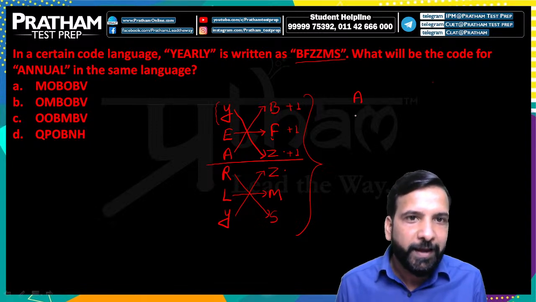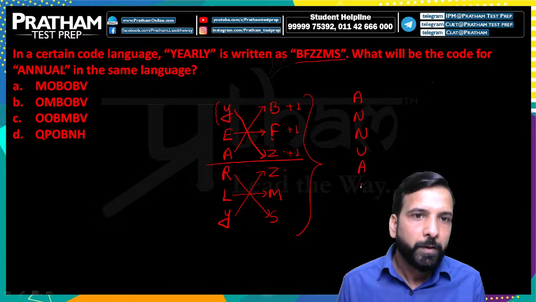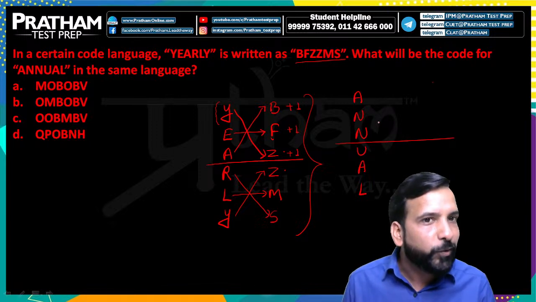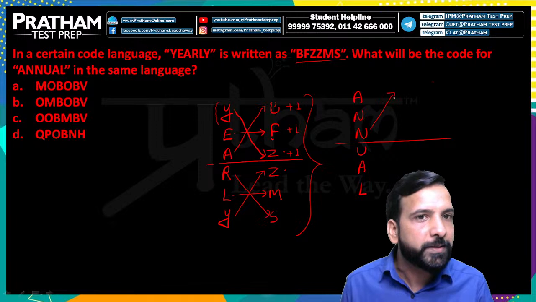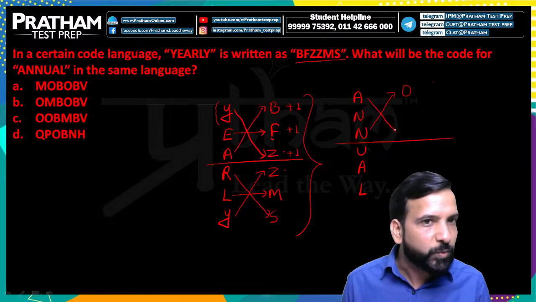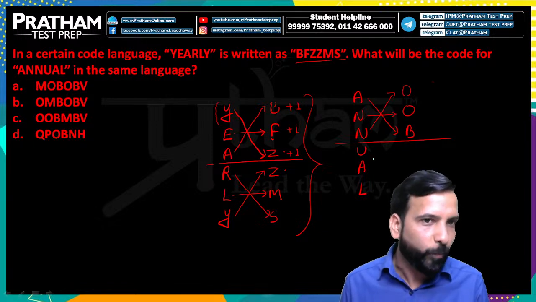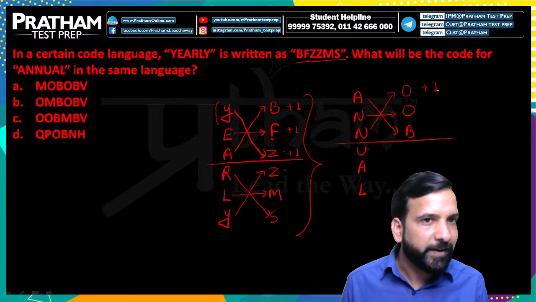So this is the word annual. Divide it in 2 equal halves, right? Now try to apply the logic. N plus 1 is O, A plus 1 is B, and N plus 1 is O, right? Plus 1 every time.